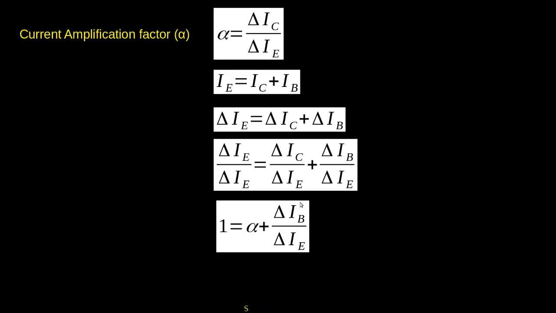Now we are going to calculate the current amplification factor, alpha. So alpha is equal to 1 minus the change in base current divided by change in emitter current. This is the value of the current amplification factor, and its value is less than unity.